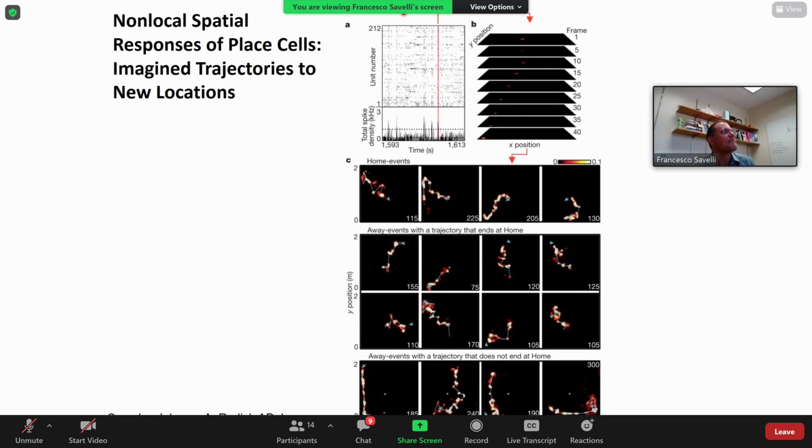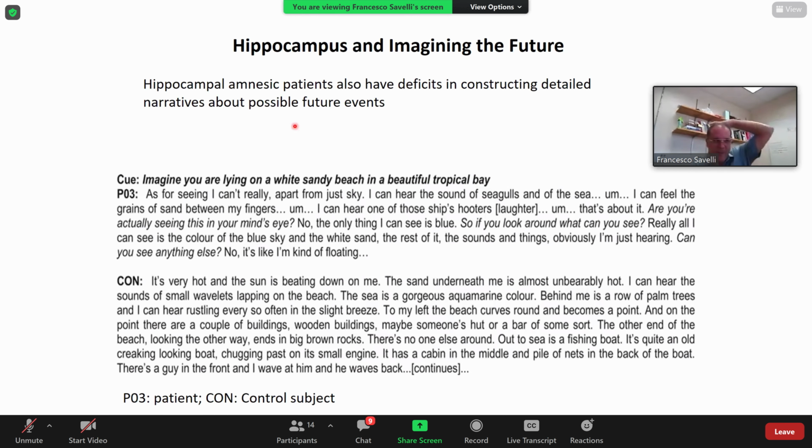So it just so happens, I'm not going to read this because I'm running out of time, but it's pretty clear what's happening in this slide when you read it. People with hippocampal lesions not only have problems with memories, but they also have problems imagining things.